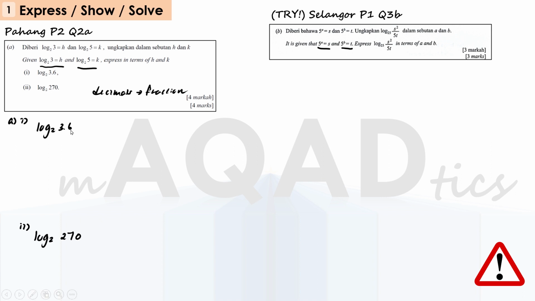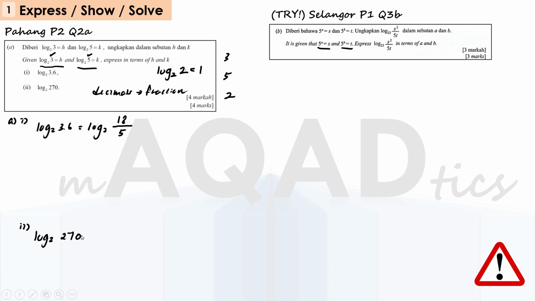So for the 3.6, let's change it to 18 over 5. The reason is that we can split these values, like 18 and 5, into smaller values. Those values are actually 3, 5, and another value which is 2, because the base is 2, and we know base 2 will become 1. So we can split into these three values, 3, 5, and 2.